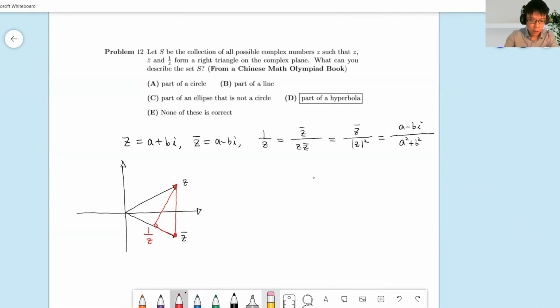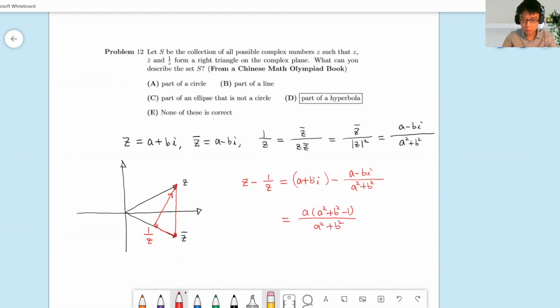So this vector corresponds to z minus 1 over z, which is a plus bi minus (a minus bi) over (a squared plus b squared). Let's simplify it. It becomes a times (a squared plus b squared minus 1) over (a squared plus b squared). That's the real part.